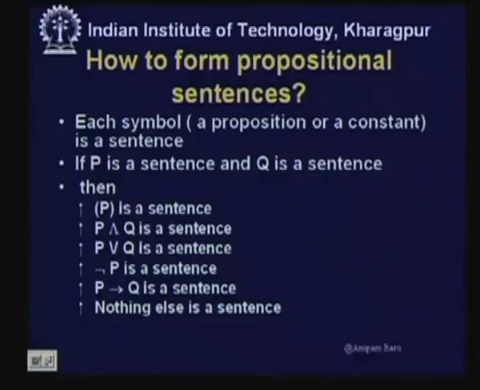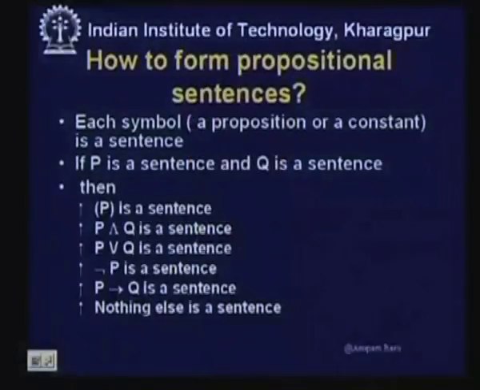Now this is very important: in order to qualify as a valid propositional sentence, whatever statement I formed, say P is a sentence and Q is a sentence, I can comply only in these allowed ways. Either I bracket them in a parenthesis, then it is still a valid sentence. P and Q will be a sentence.